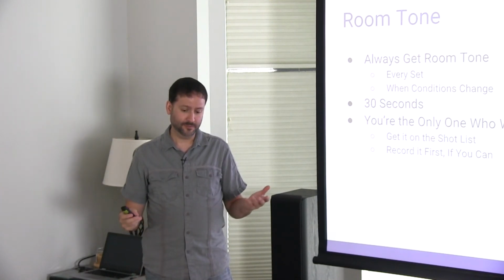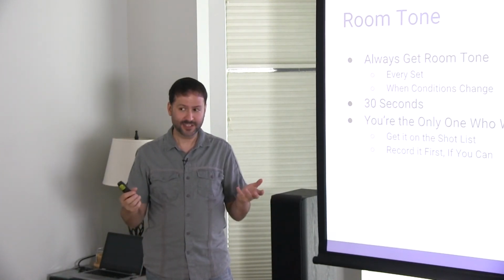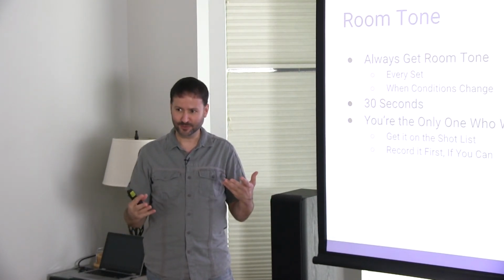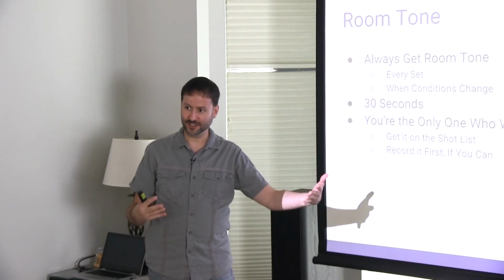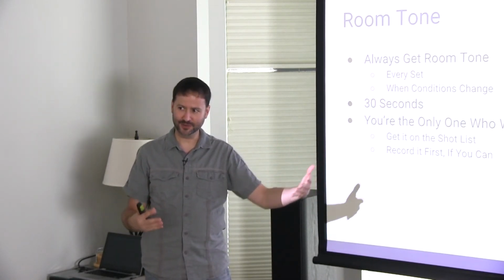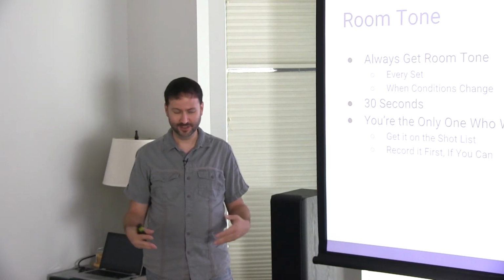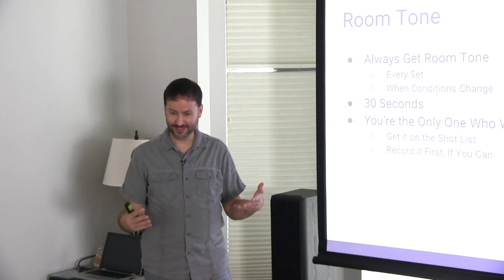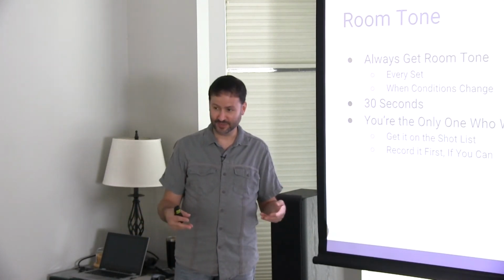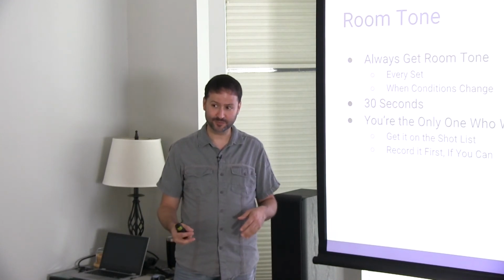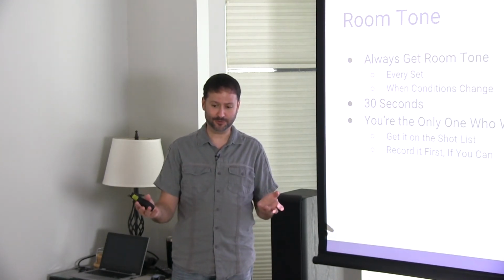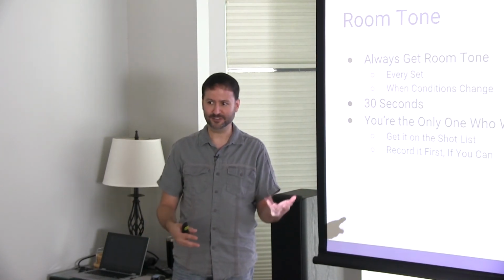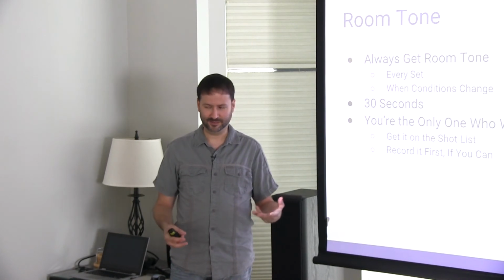When that happens, you need to take room tone again, so that the editor has something to work with in both of those situations, for the shots that were done without that noise and the shots that were done with the noise. And if the editor's lucky, that won't be mixed up in the same shot or the same scene, because then they have to mix and match. It's hard. But if you give them room tone for the noisy situation, they can layer that in on top of the not noisy situations, and that helps.